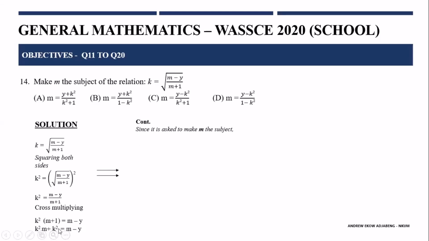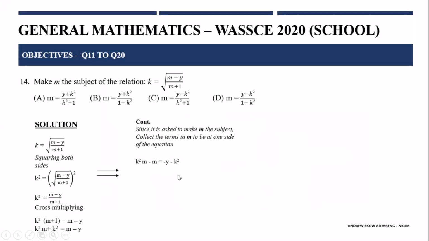Now, since we are trying to make m the subject, we collect all the m's at one side, and then we collect the other values at the other side, because we are trying to group like terms. This will be our result: k squared m minus m equals y minus k squared.